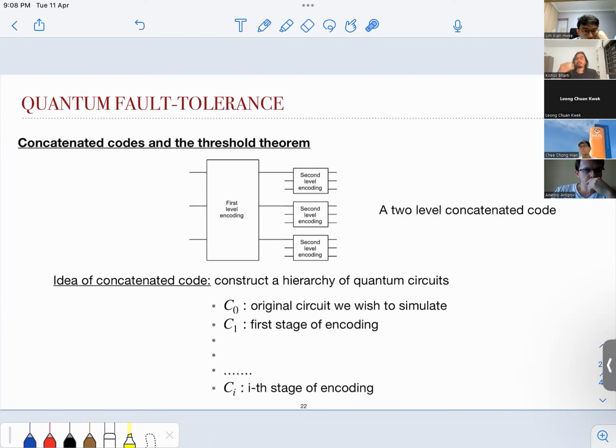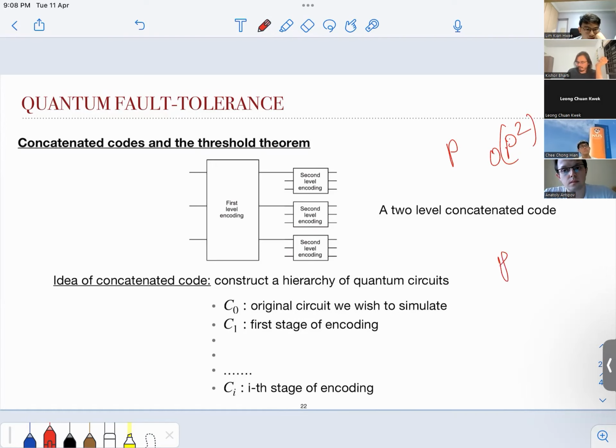And why would I like to keep on doing this? Because every time I go from physical to logical, the error I had was P, and the next time the error was CP, order P squared.